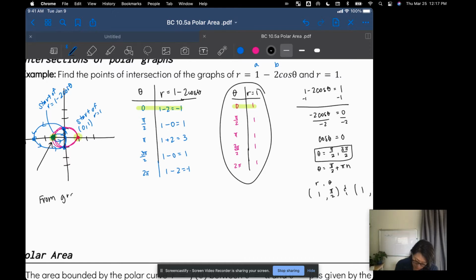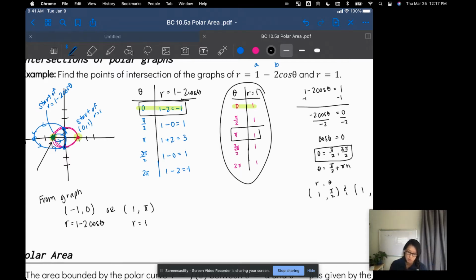From the graph, I can see that the point, it's this one right here, that the point negative 1, 0 is on the graph of r is equal to 1 minus 2 cosine of theta. And then on the circle, the point 1 comma pi, sorry, I said that backwards, comes from the equation r is equal to 1.